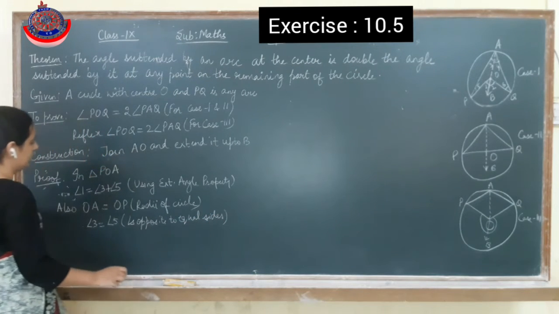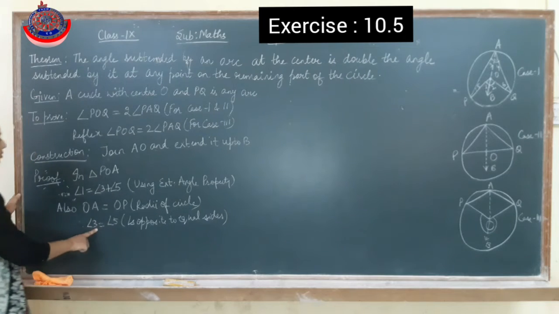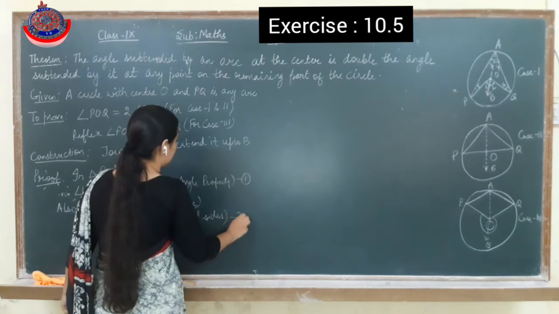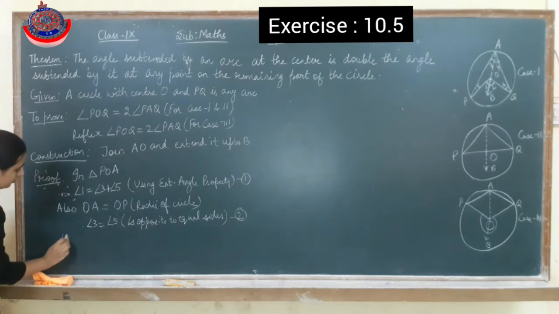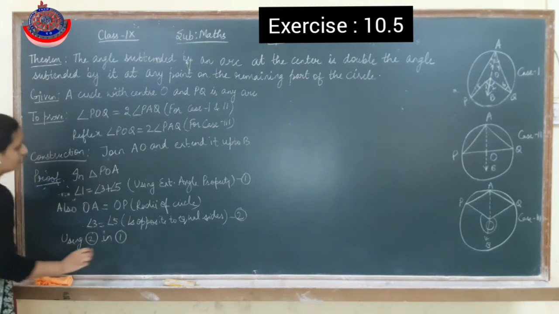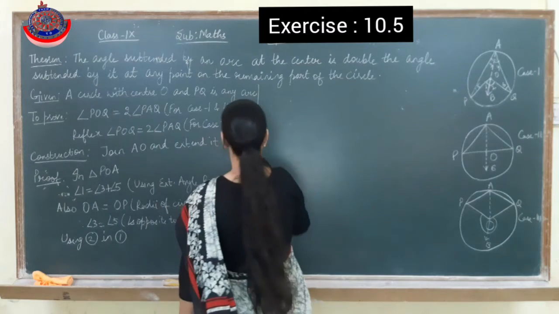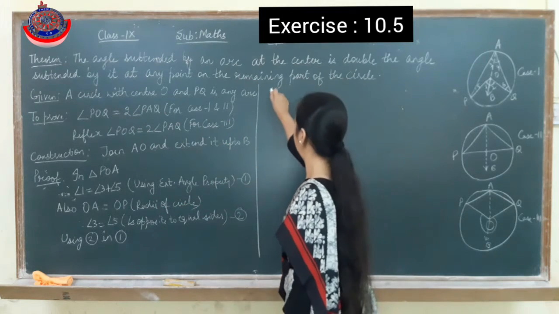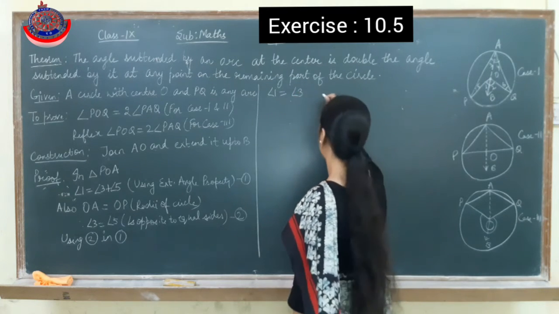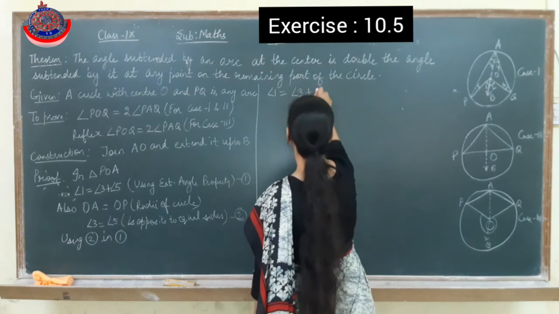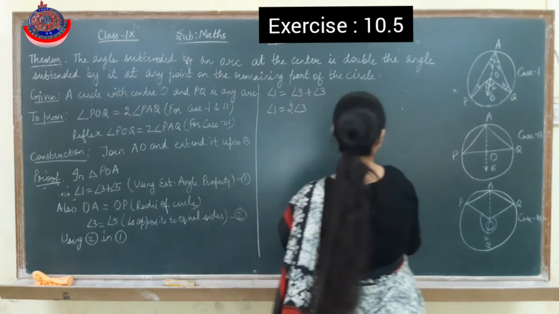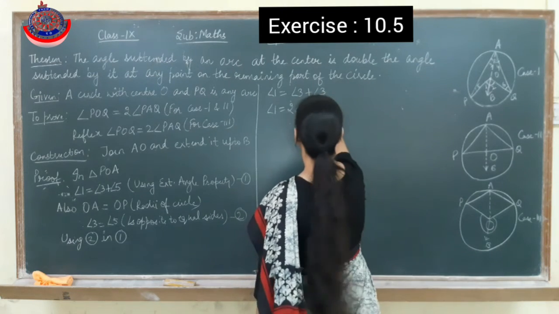Fine. So we can use this here. This is equation 1, this is equation 2. Using equation 2 in 1, what do we get? Angle 1 is equal to angle 3 plus 3, or angle 1 is equal to twice of angle 3. Let us mark it as 3.